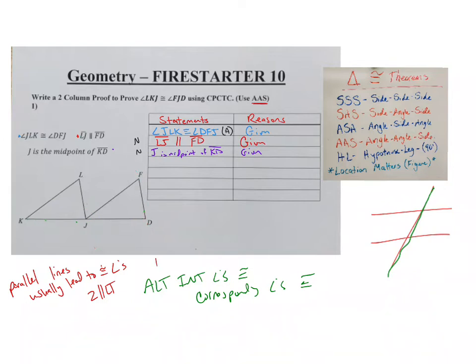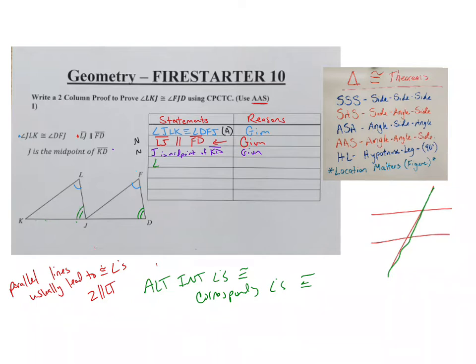So from my picture, from my given, I know that angle JLK is congruent to angle DFJ. I know that. Now I'm going to use this statement right here. Because they're parallel, I get to say this guy is equal to this guy.